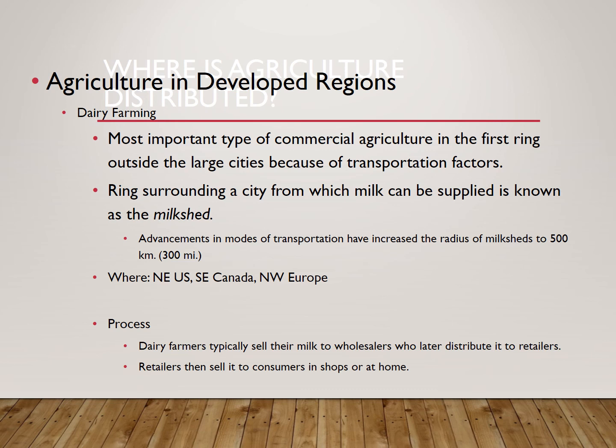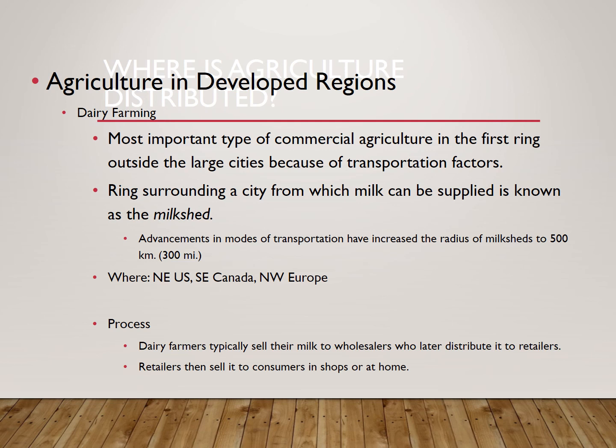Location theory, or locational theory, is going to say that the type of product that's produced is going to be either closer or further from the city based on how quickly it could spoil and how much the land that it's produced on costs.